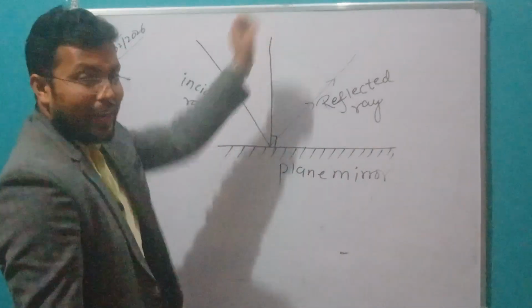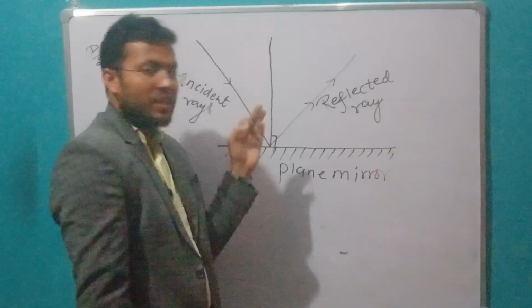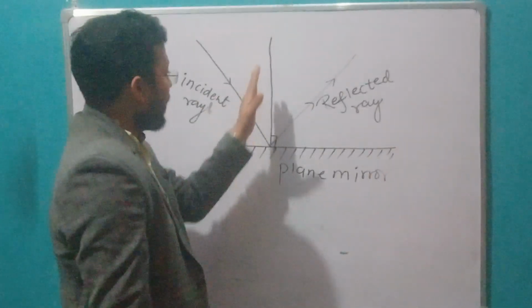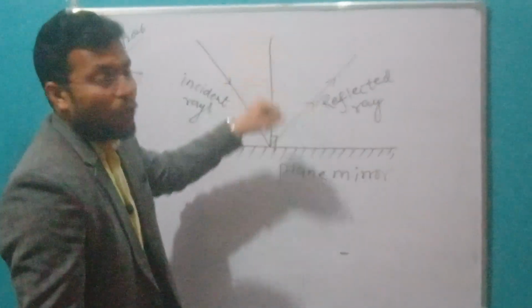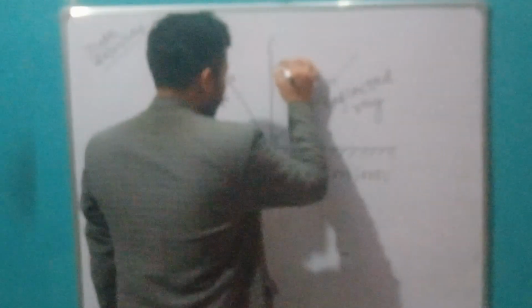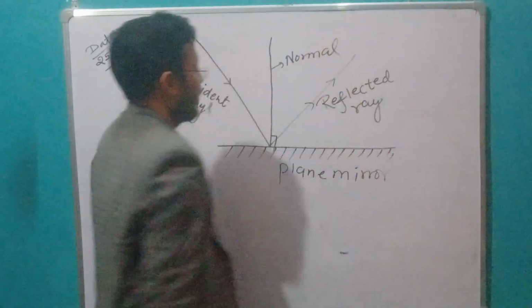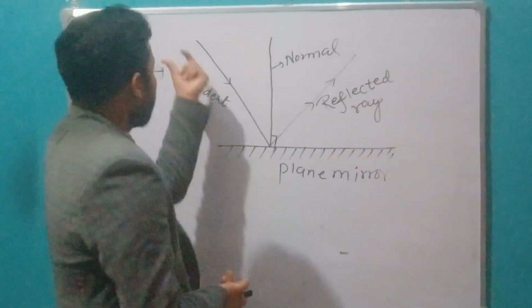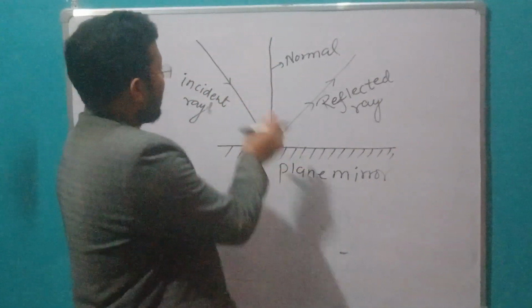And the line perpendicular to the plane surface at the point of incidence is known as the normal. This is the normal.